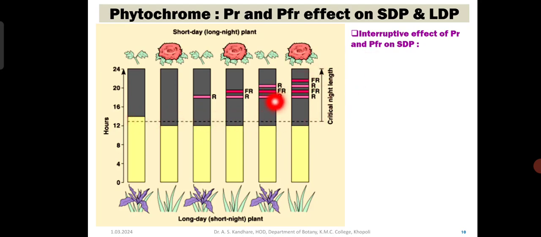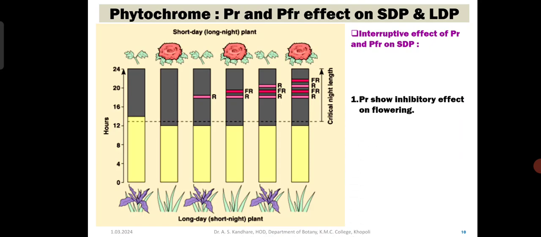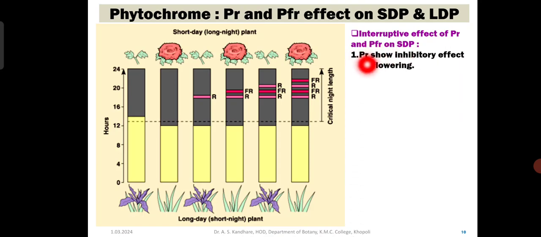So here you can see these dark periods are interrupted by this red and far red irradiations. Okay. Now here you can see this phytochrome red shows inhibitory effect on flowering in SDP.